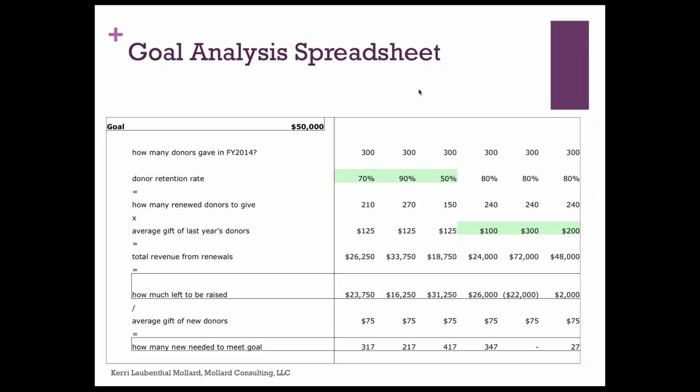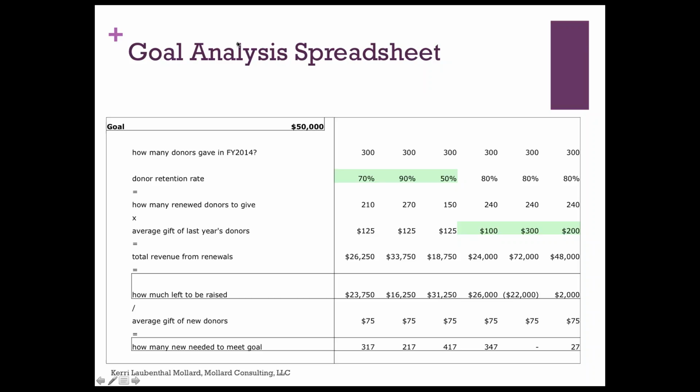Well, what if our donor retention rate is only 50%? That's the third column. At 50%, you're only going to get 150 donors to renew, times that average gift. You're only going to get $18,750 from renewals, which means the amount left to be raised is a whopping $31,000. With an average gift for new donors of 75, that means you need 417 people. That is a huge difference.